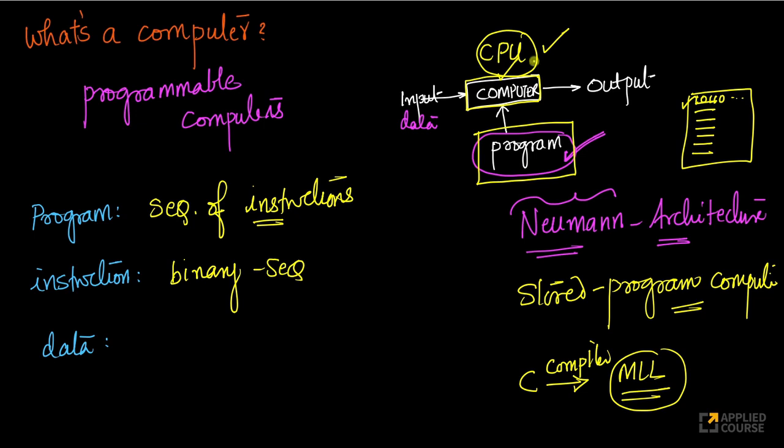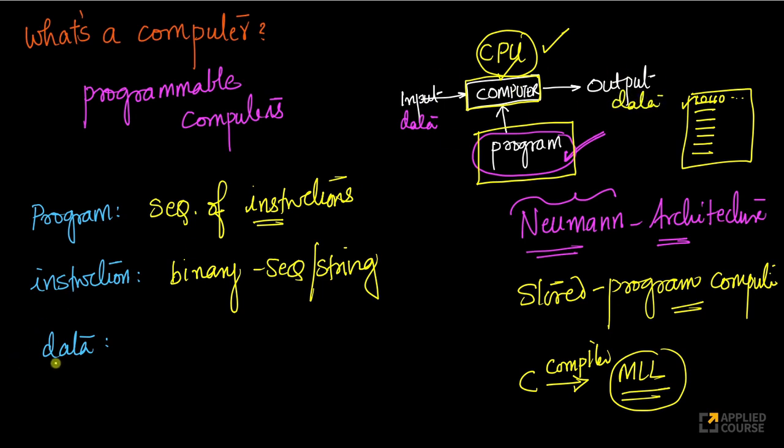CPU is what makes a computer, right? So your instruction is a binary string. And your computer literally takes each of these binary strings, interprets them, and based on what the string is, it will transform your input to output data, right?